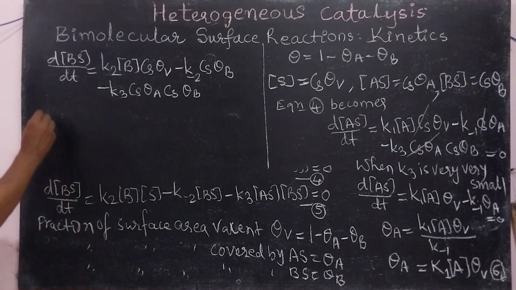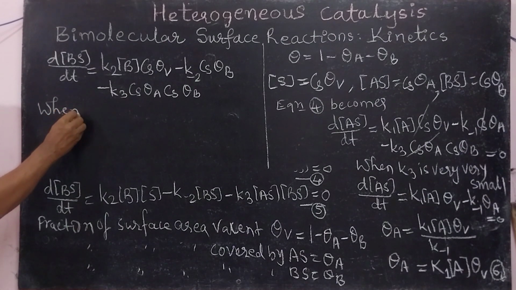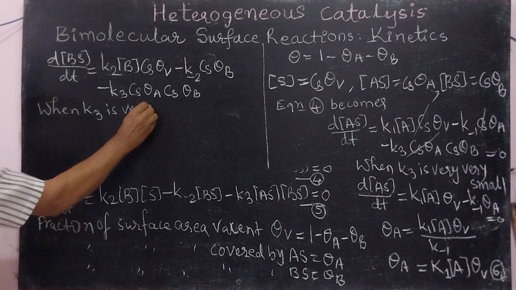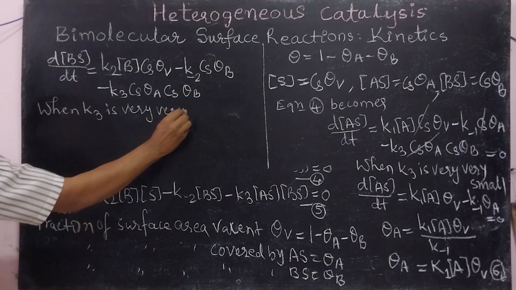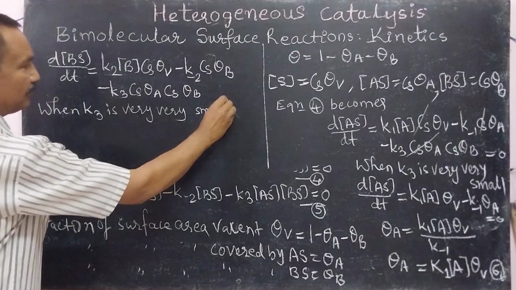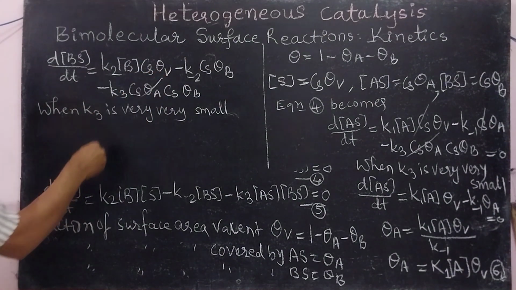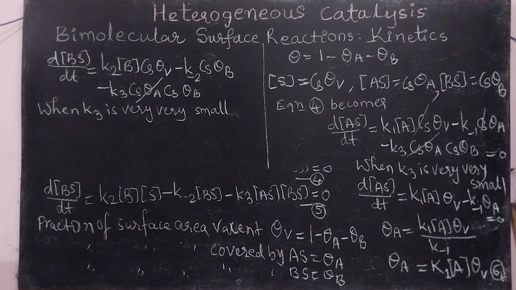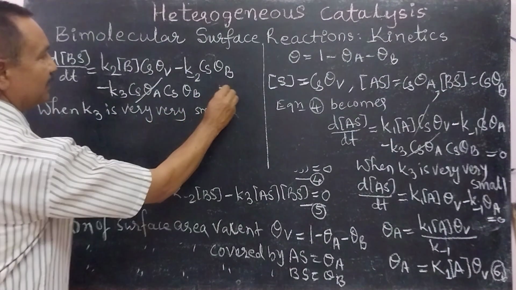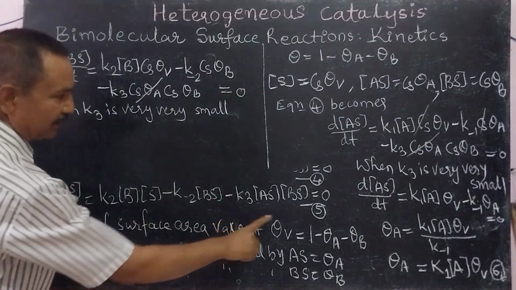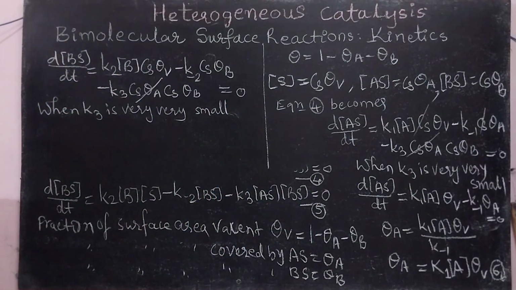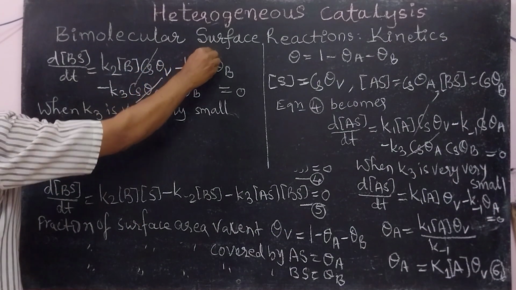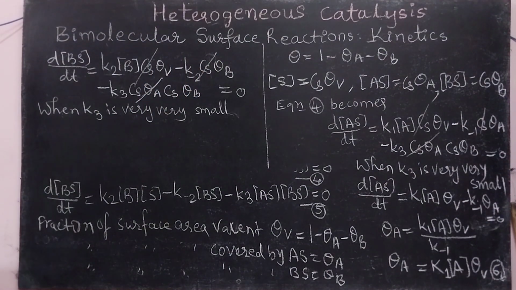Okay. Now when K3 is very small, then this term gets cancelled. Okay, we can neglect that. Then we can make this equal to 0. Then here this CS and this CS are cancelled.